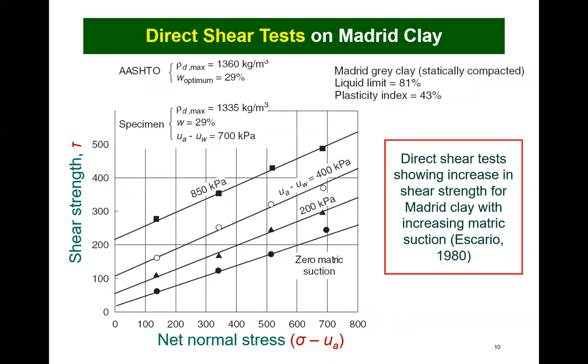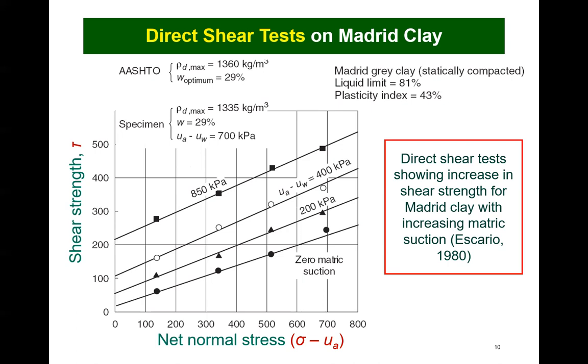In 1980, Escario presented a series of tests performed on a modified direct shear apparatus, where he was able to independently control the matrix suction in the soil and the normal stress. The result was a series of essentially parallel contours, each one representing a particular constant matrix suction in the soil.